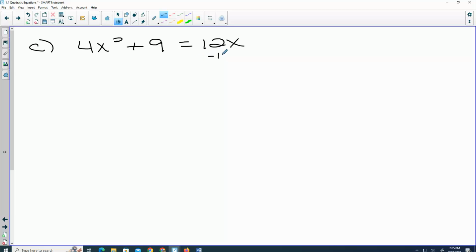First we have to subtract our 12x over. And you typically want to write it in order with the square term, then your x to the first, then your constant.